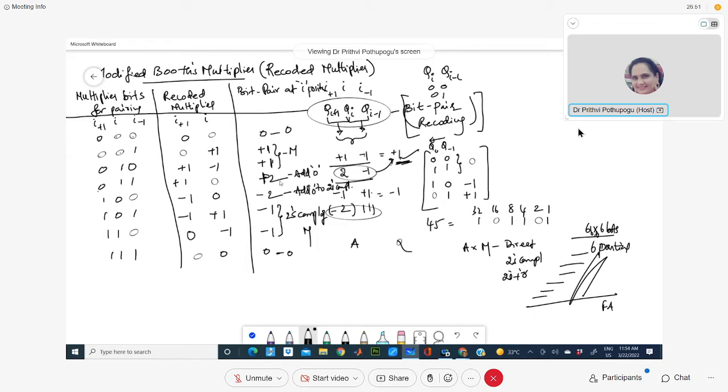If you are getting a value of 2, it should be appended by a 0. That means you shift this and add 0.